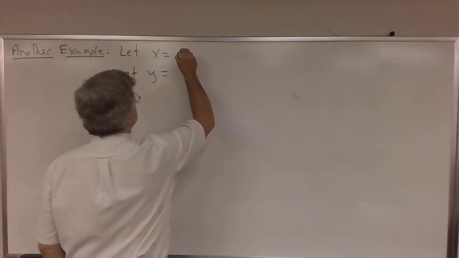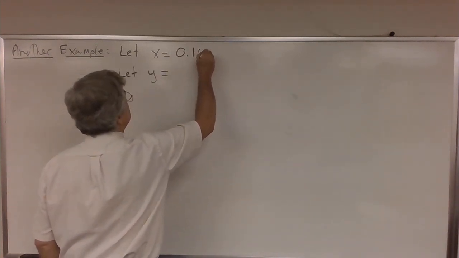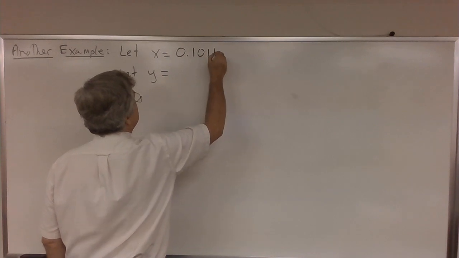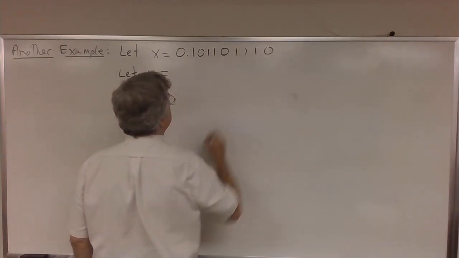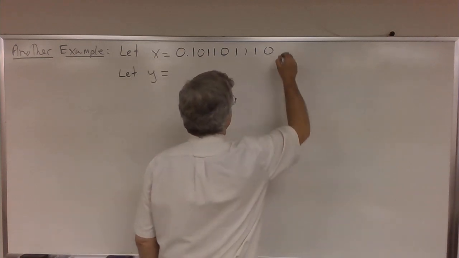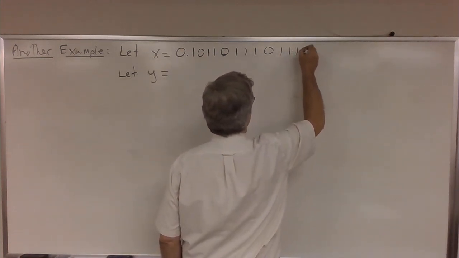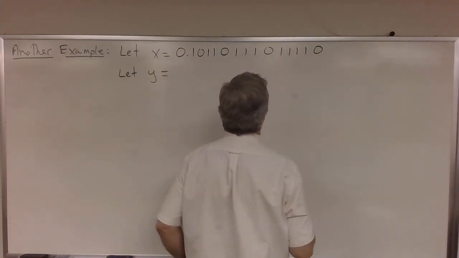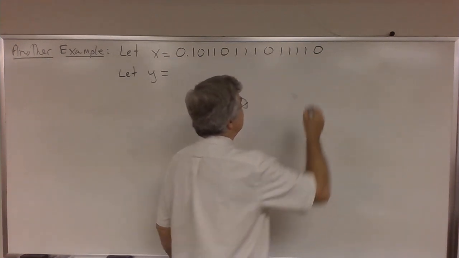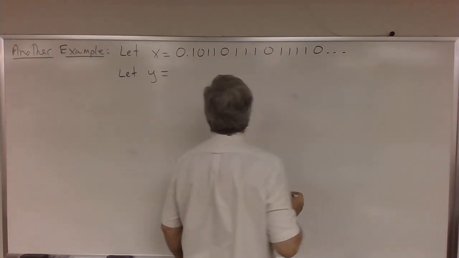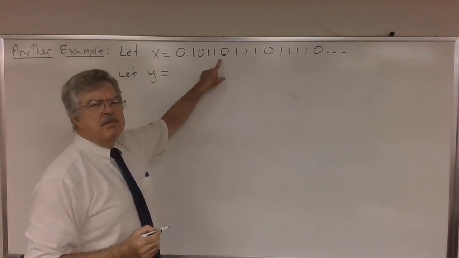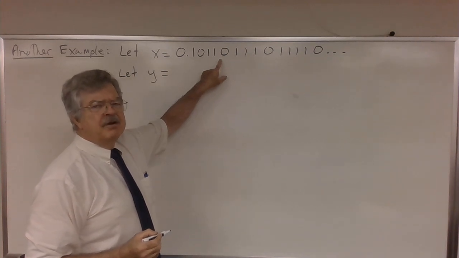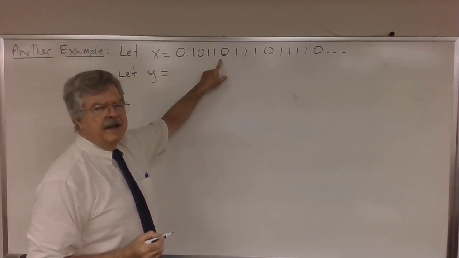I'll say x is 0.101101110111101110, and here's the pattern. This does not repeat. There's no portion of this decimal representation that occurs over and over and over again.